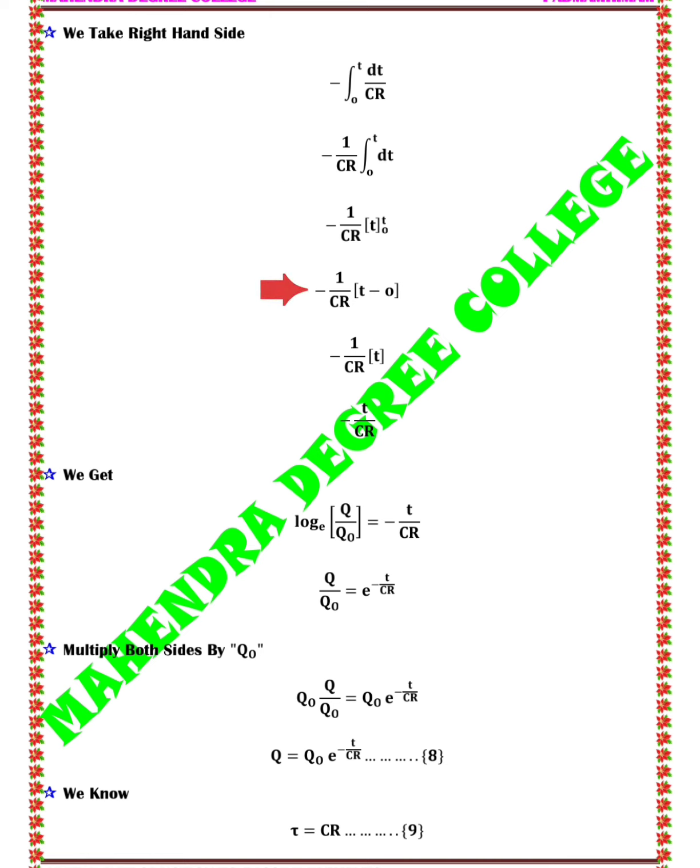Apply the limits: minus 1 by CR, t minus 0, where t minus 0 means t. So, minus 1 by CR into t. Finally, minus t by CR. So, we get log Q by Q naught equals minus t by CR.